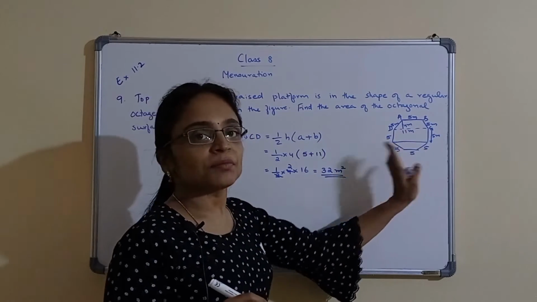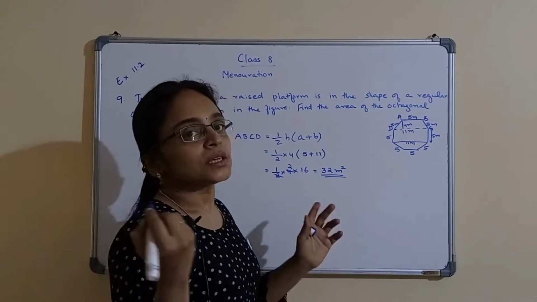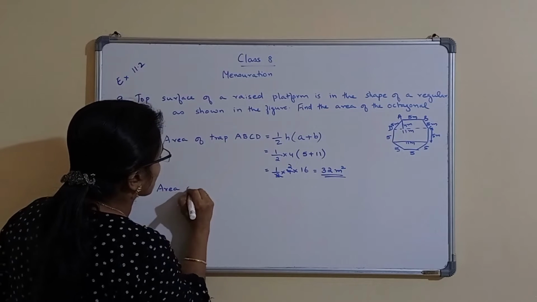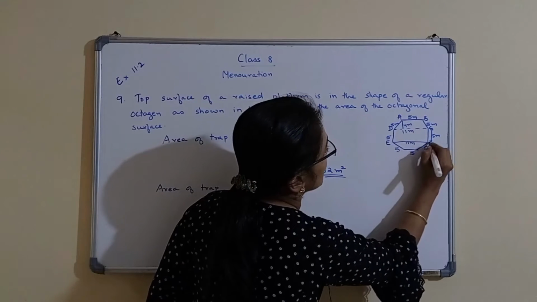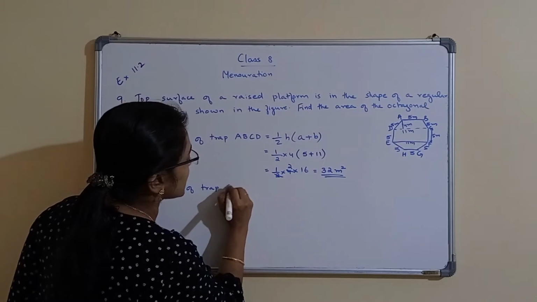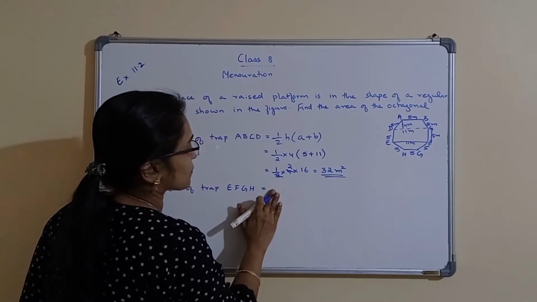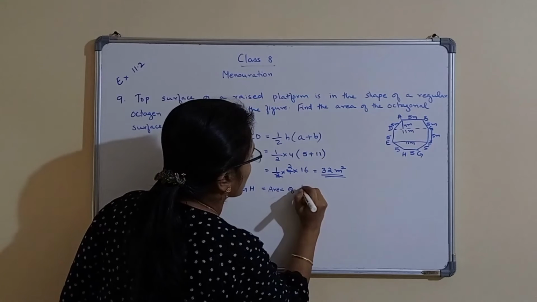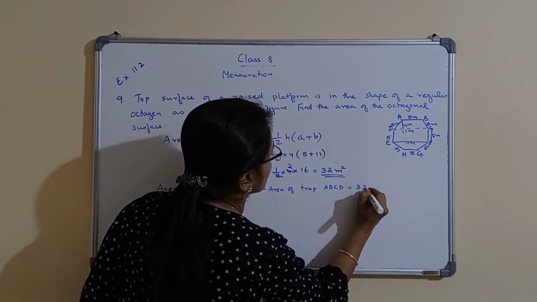Now this trapezium will have the same area because this is also 11 meter and this is 5. So we'll get the same area. So we can name this trapezium EFGH. Area of trapezium EFGH is equal to area of trapezium ABCD, which is equal to 32 meter square.